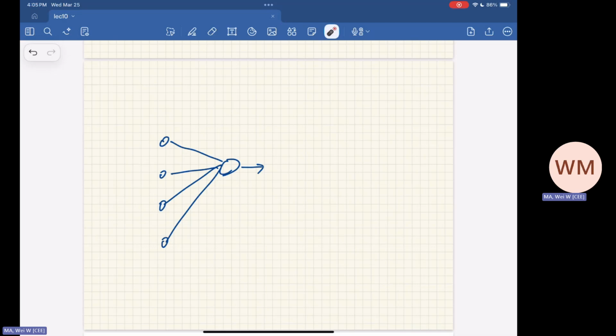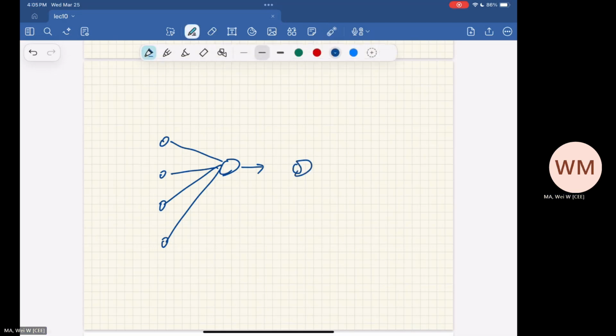You cannot get a very good decision boundary from this output. Then what you can do is have another layer. So for example, you can have multiple neurons here, the second neuron, and then the third neuron. Okay, so here you can see that you have 3 outputs.